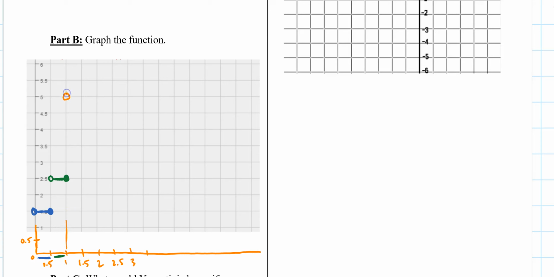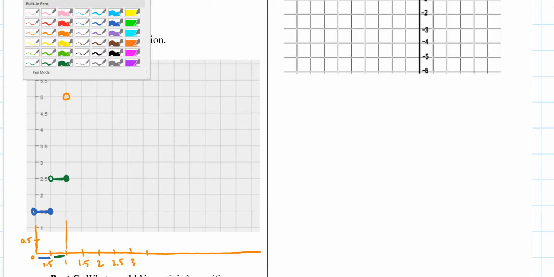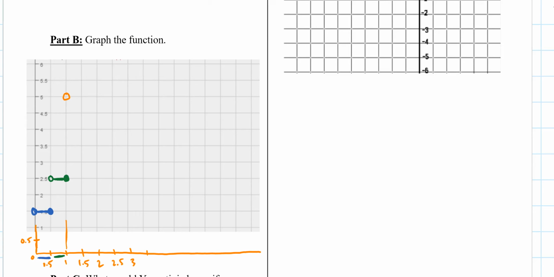At 1 pound, we're still paying the $2.50, but anything beyond that, there's our line. Let me draw that a little bit better for you. That's slightly better. So there's my graph.